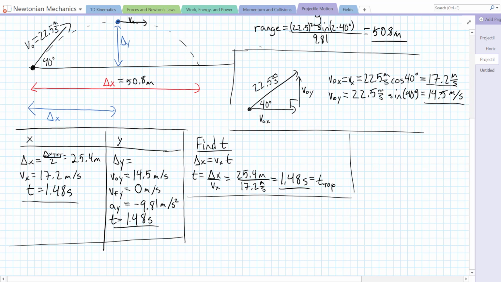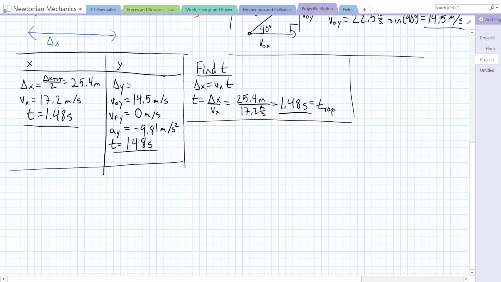And the last thing we need to solve for is delta y. Because we have everything else in the y direction, we can use any of our kinematics equations in the y direction to do it. I'm just going to do delta y is equal to v naught y times t plus 1/2 a t squared, which is equal to our initial velocity, 14.5, times our time, 1.48 seconds, plus 1/2 times negative 9.81, negative because gravity pulls down, times 1.48 squared.